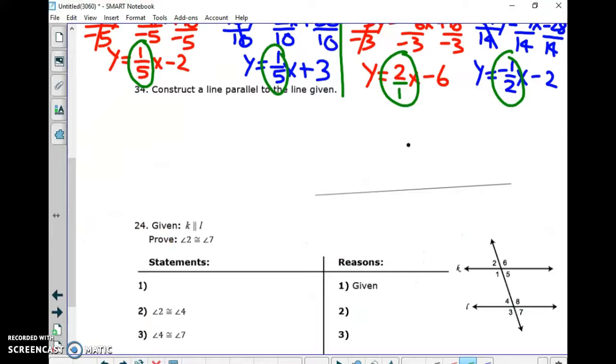Remember, constructing a perpendicular line, you're going to need to take your ruler, and first of all make a straight line through the point. Okay? Then you're going to take your compass, and you're going to go about halfway, make a mark, and then from this point up here, take the same measurement and make the same mark. And then you need to measure from here to here, right?